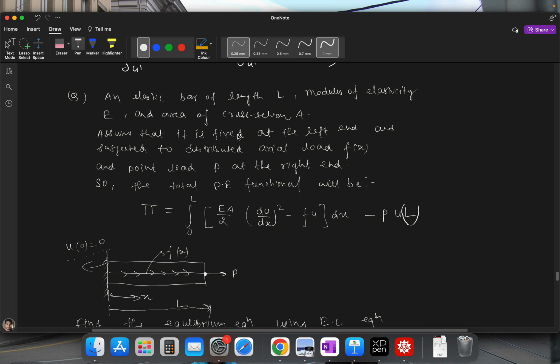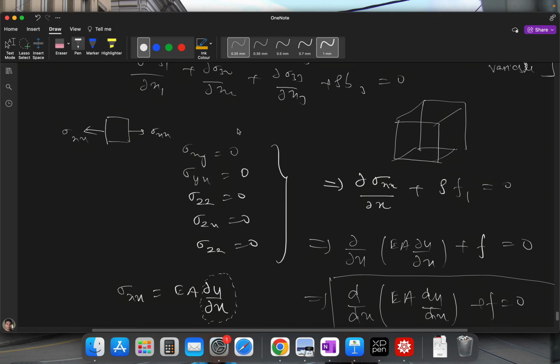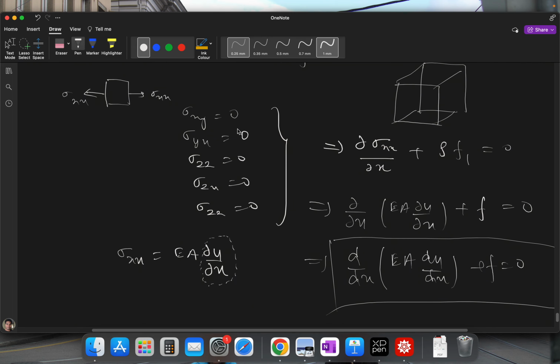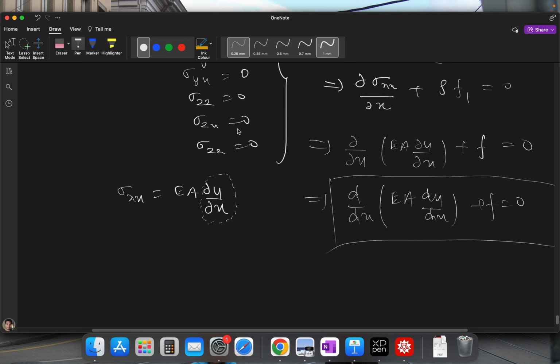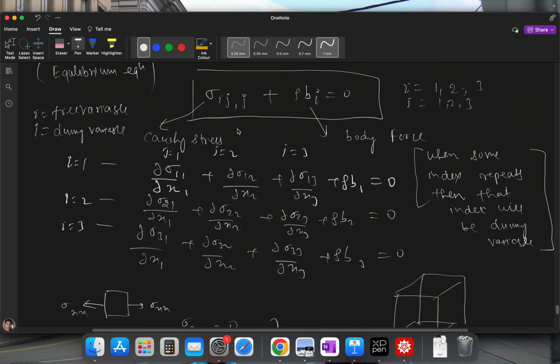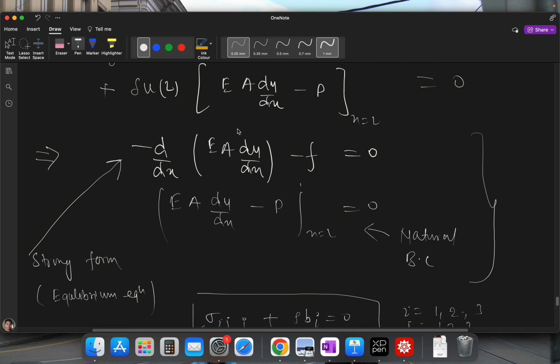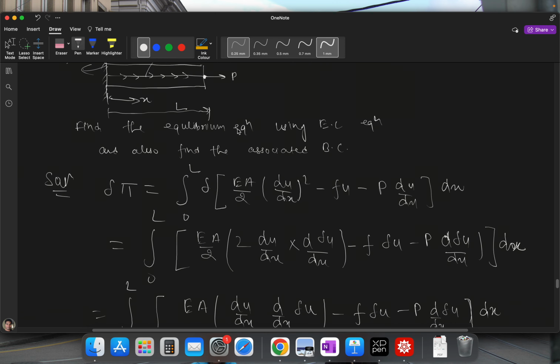Do you have any problem here? No, sir. Sir, actually, in what I have solved, I have not taken the delta U thing. You had said that if you go with the EL equation, we will get the equilibrium equation.